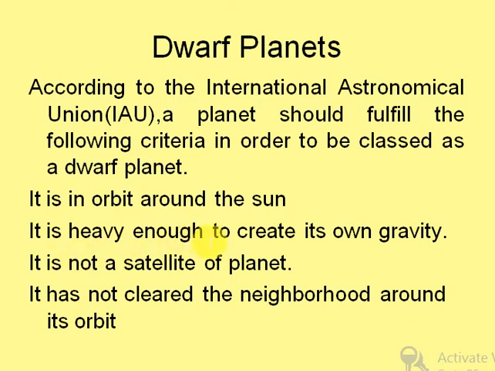It is heavy enough to create its own gravity. It is not a satellite of a planet. It has not cleared the neighborhood around its orbit. So these are some of the characteristics of the dwarf planet.